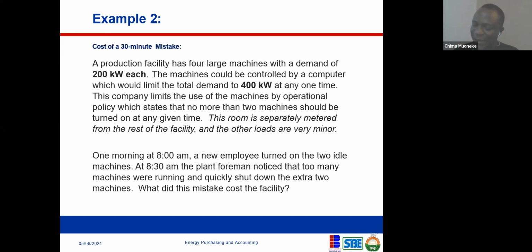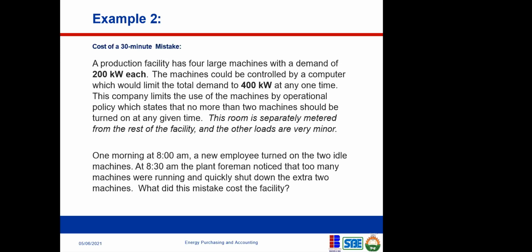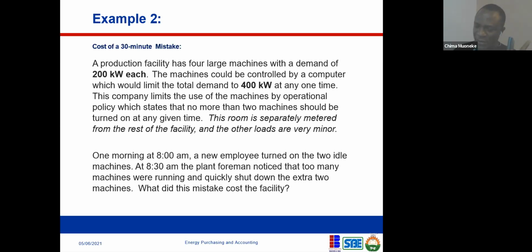Yes. And he ran them for 30 minutes. That is half an hour, 0.5 hour. So let us multiply: 400 times 0.5. What do we get? 200. That is 200 kilowatt hours of additional energy for that company.